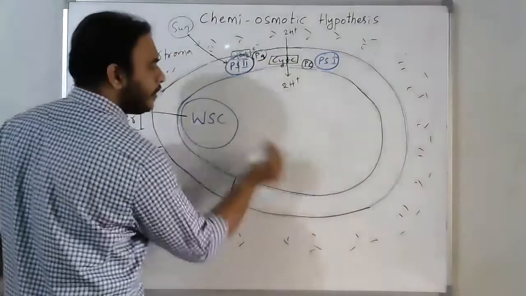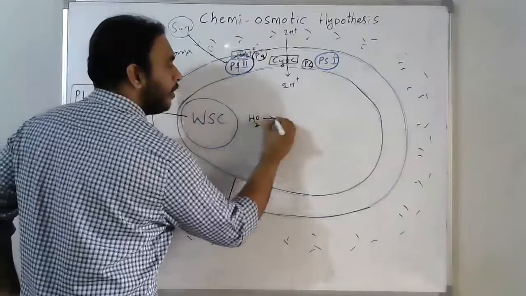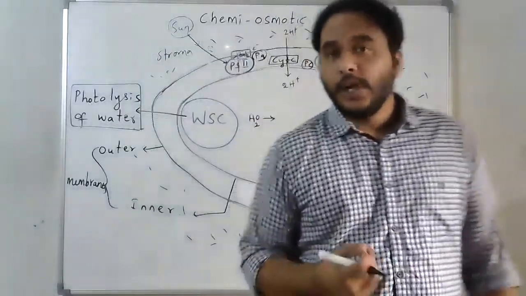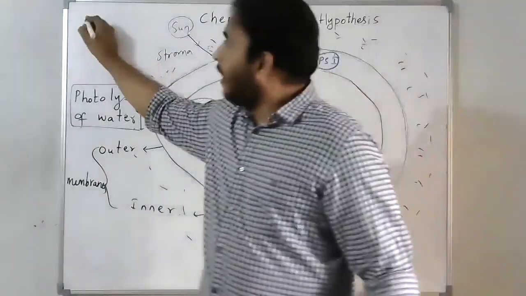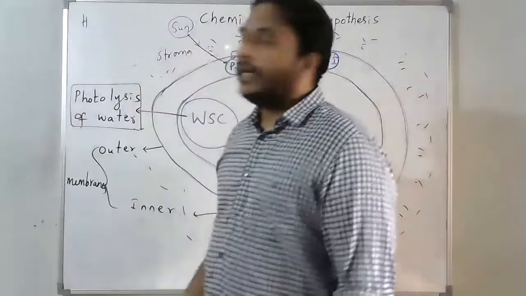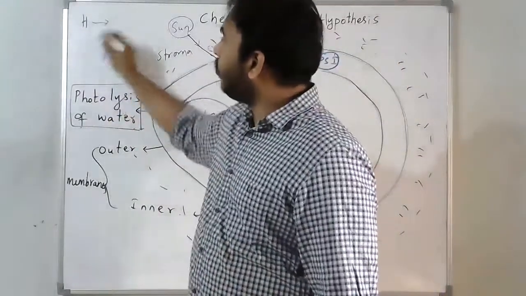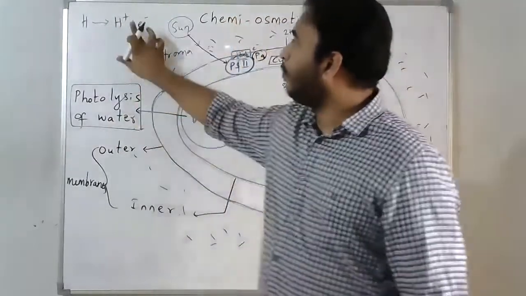Here, the water molecule will be broken down. We know when a water molecule is broken down, we will get hydrogen and oxygen. Am I right? Yes. Let's say one hydrogen atom. When it dissociates, we get one proton and one electron.